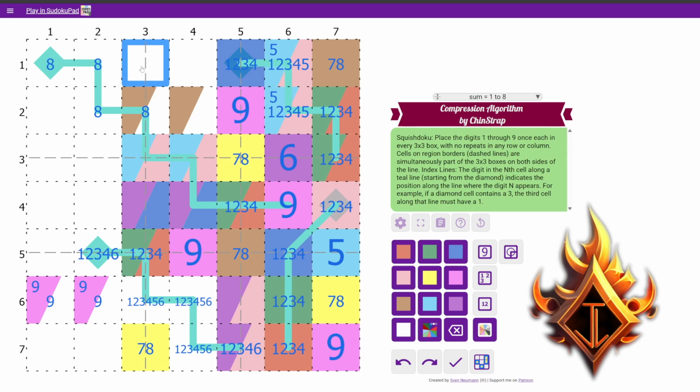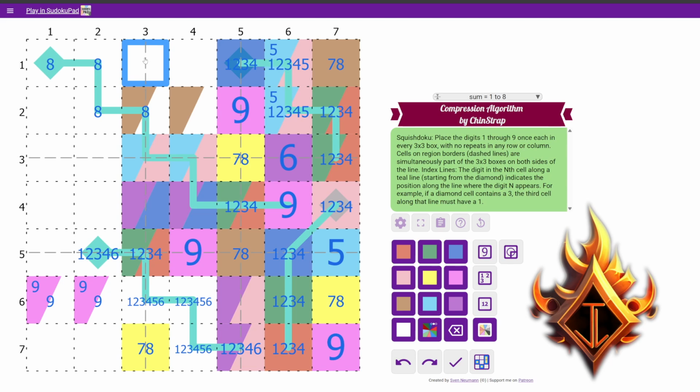This, it just cannot be 8. Right. What does that mean? Dark purple? I guess not.